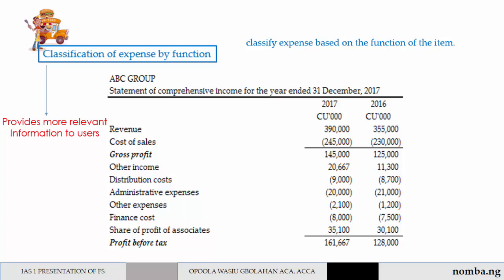An entity classifying expenses by function shall disclose additional information on the nature of expenses, including depreciation and amortization expense and employee benefit expense. This means that the entity must break down the components of the cost of sales, distribution cost, and administrative expenses in the notes to the financial statements.